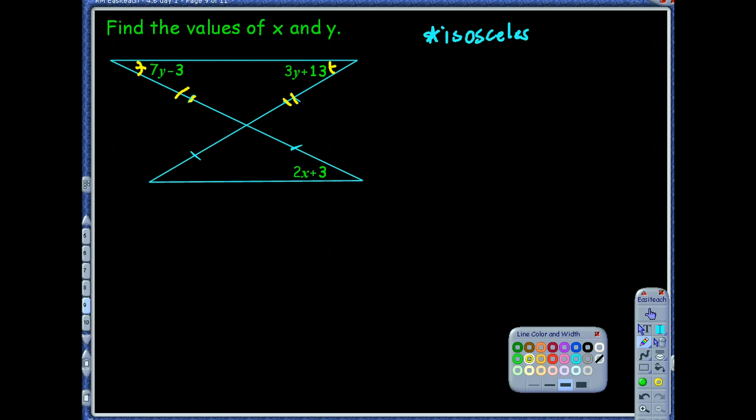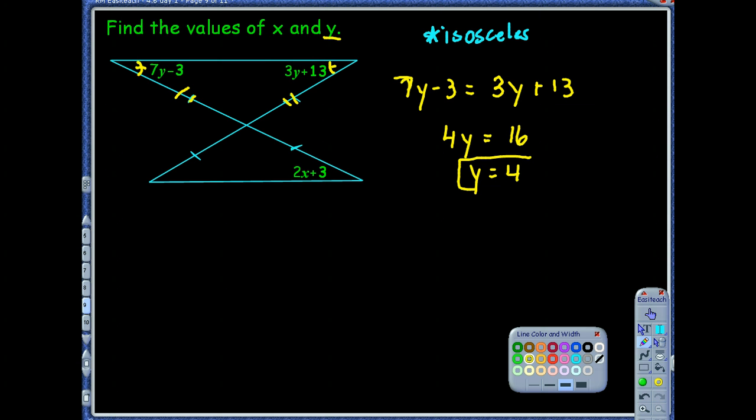So I can make an equation: 7y minus 3 equals 3y plus 13. So we solve. I get 4y equals 16, so y equals 4. So we found that value. We're halfway there.